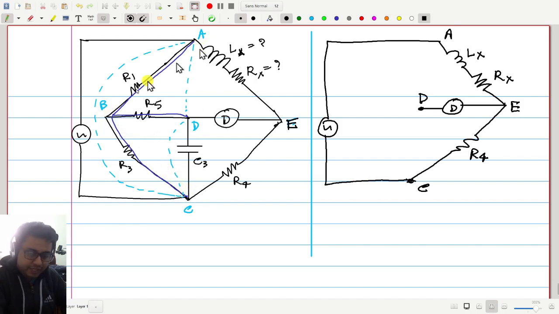B the center, BA, BD, BC is a star, and that I am converting as this arm plus this arm, and then this AD, BC and AC.